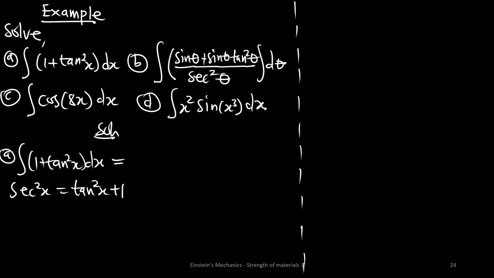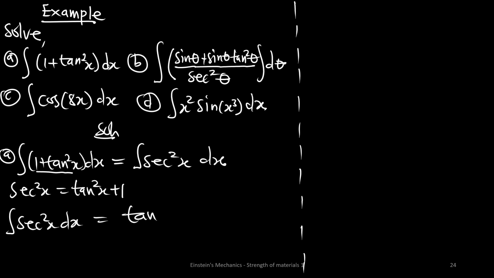So the whole of this expression can be replaced by the integral of sec square x dx. Are we good? And the integral of sec square x dx is basically tan x. When you differentiate tan x, you are going to get sec square x. So this is the final answer, tan x plus c.